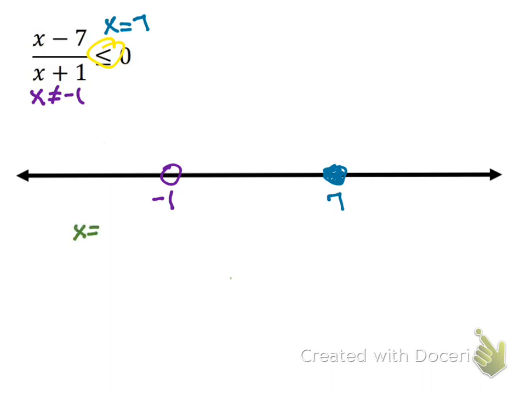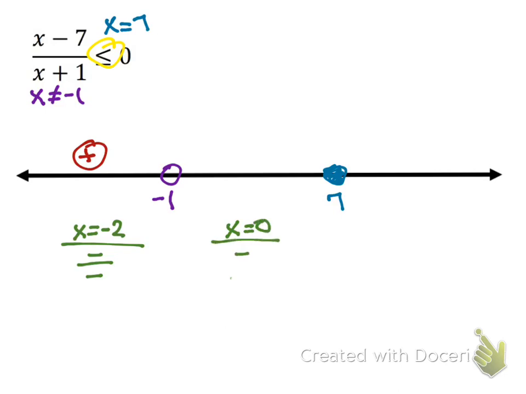If we look at x equals -2, the numerator would be negative and the denominator would be negative, giving me a positive value to the left of -1. Between -1 and 7, let's look at x equals 0.